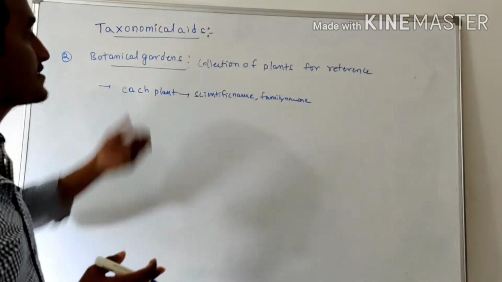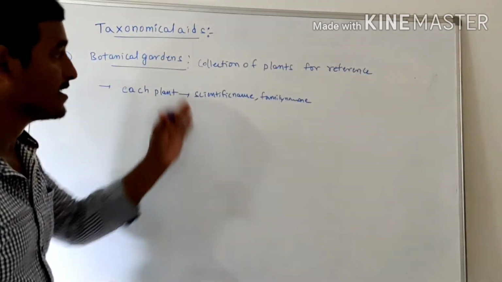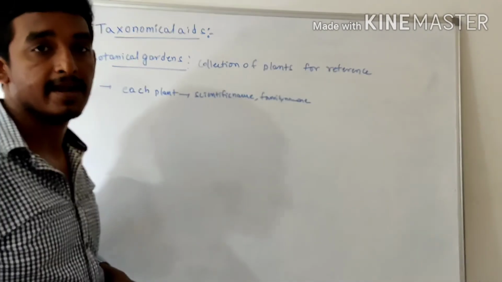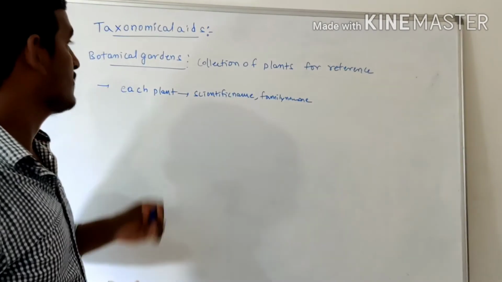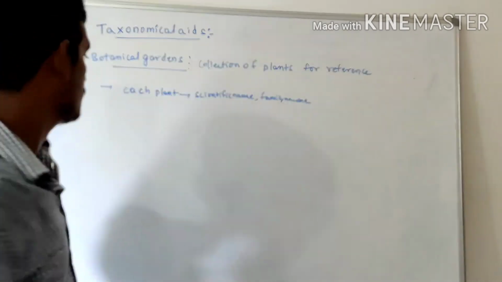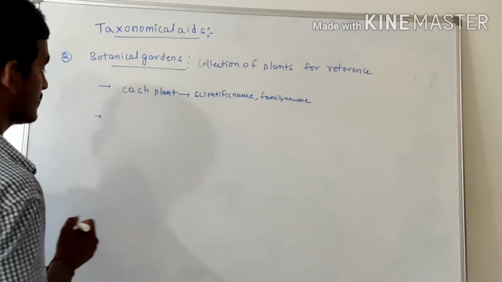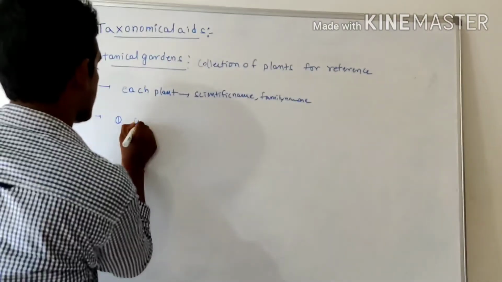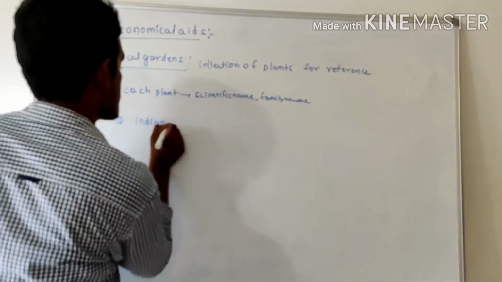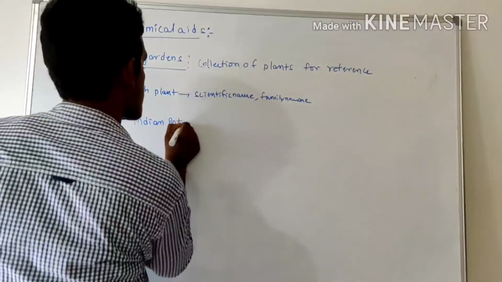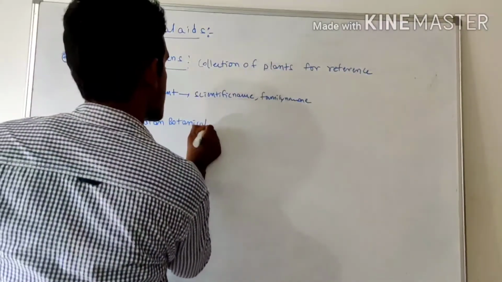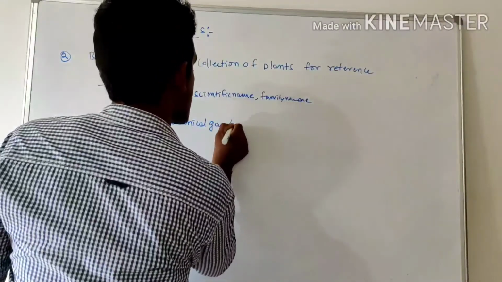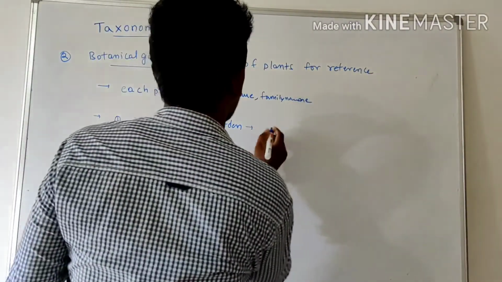All the details are attached to every plant in a botanical garden, right? In India, the major botanical garden is, first, the Indian Botanical Garden, located at Howrah.